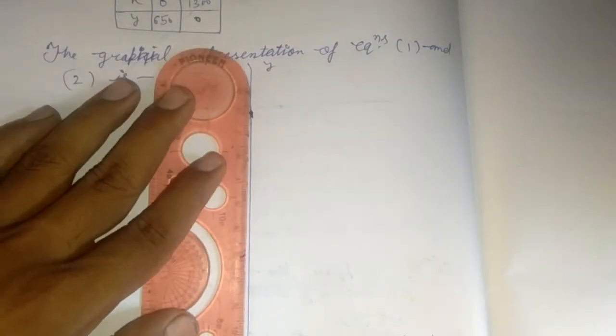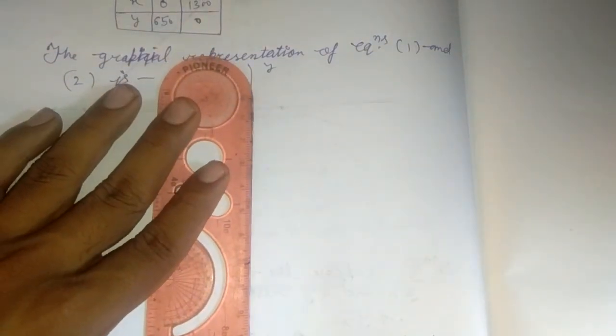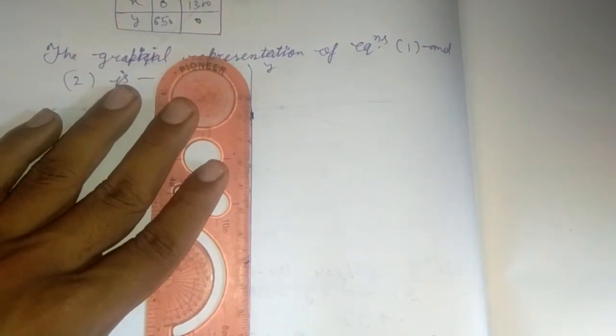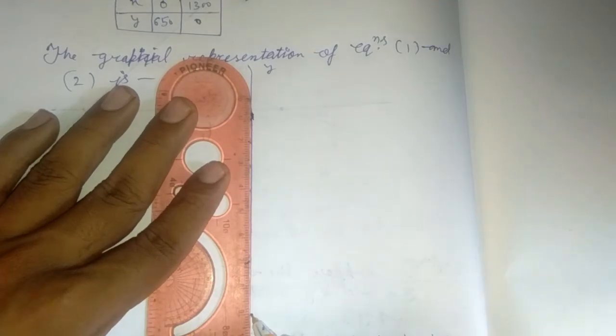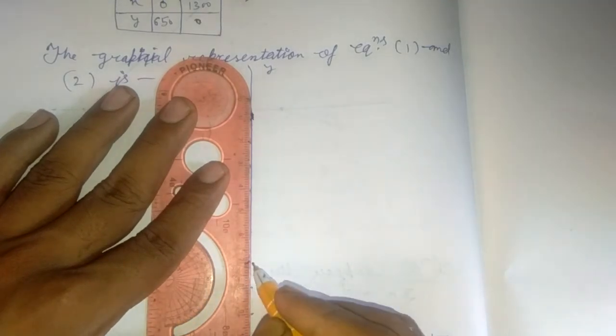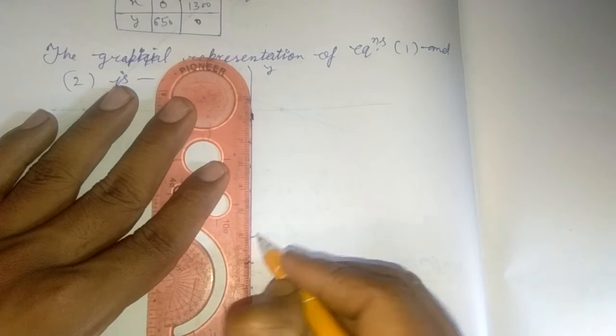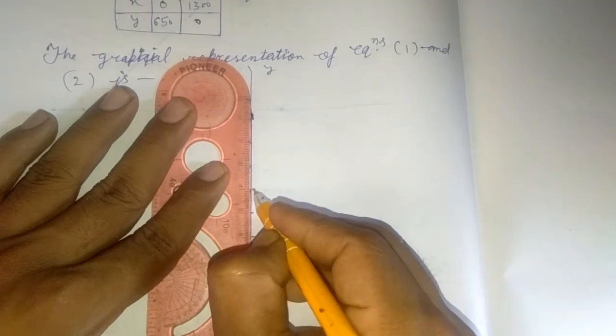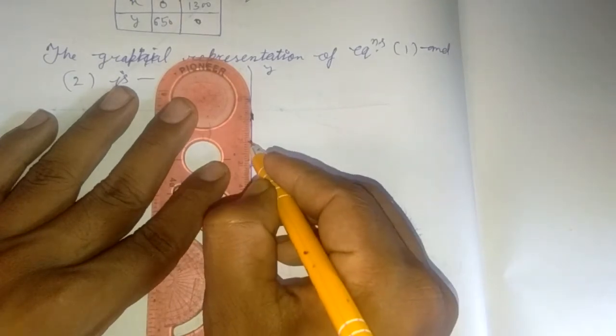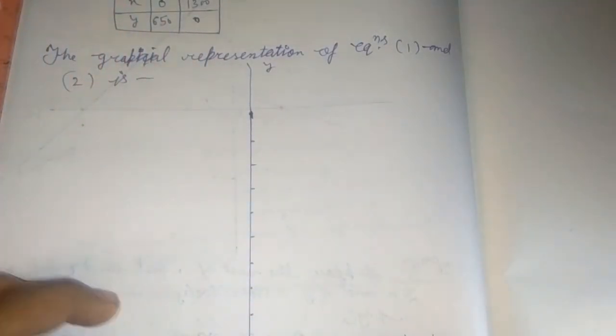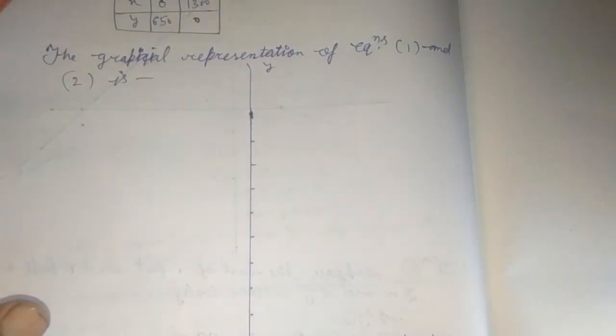In the same way, we draw the y-axis along the positive direction. Here 200, 400, 600, 800, 1000.